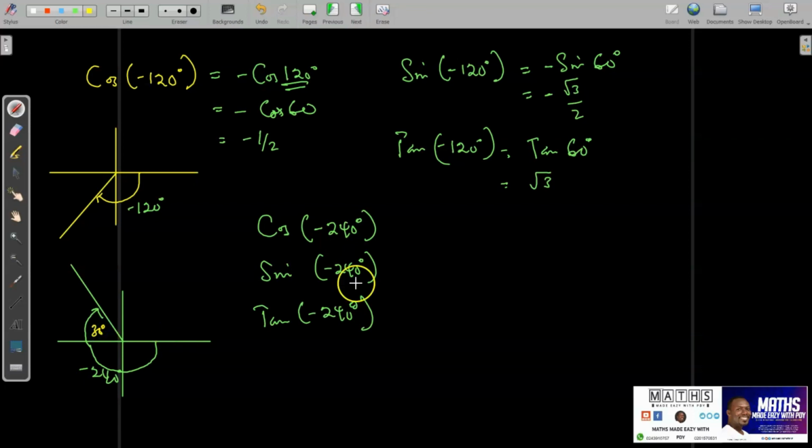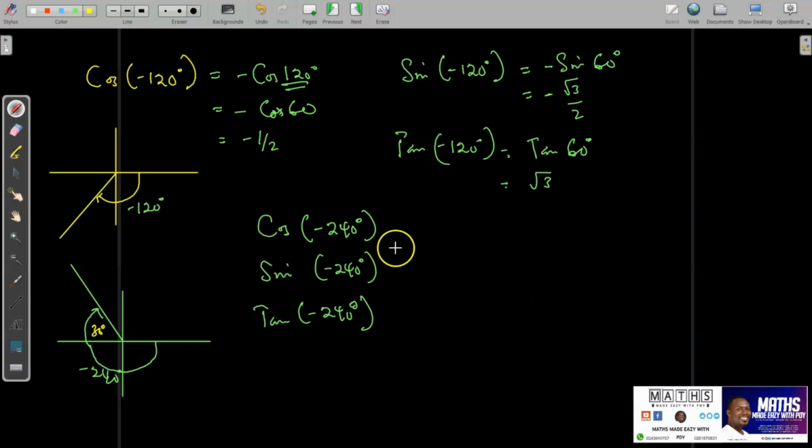So now, since we are finding ourselves in the second quadrant, what is the nature of cos in the second quadrant? It's negative.